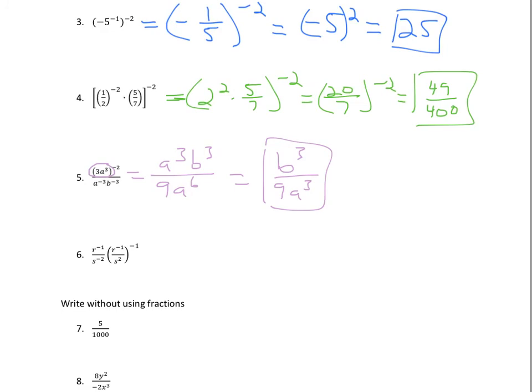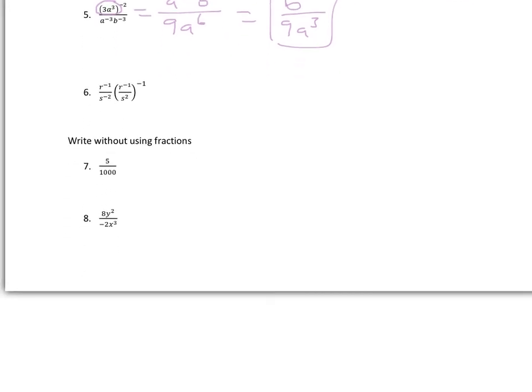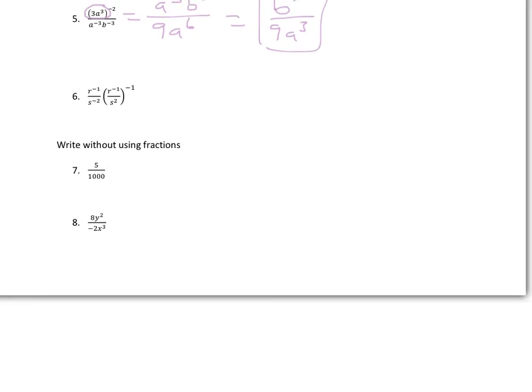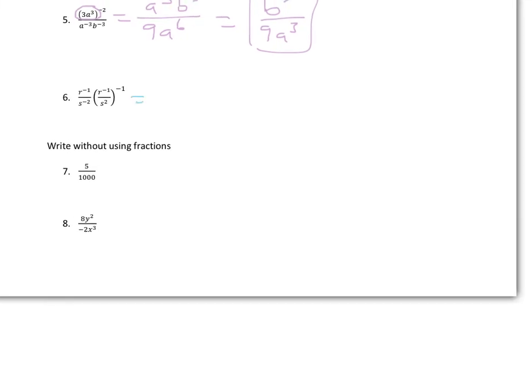Last one of this style here. Got to rewrite everything without negative exponents first. So let's go s squared over r times. Now this negative 1 here, right, here's another way to do this. Let's actually do power to a power. Let's put that negative 1 in on each of our exponents. This is another way to do this if you prefer this method.